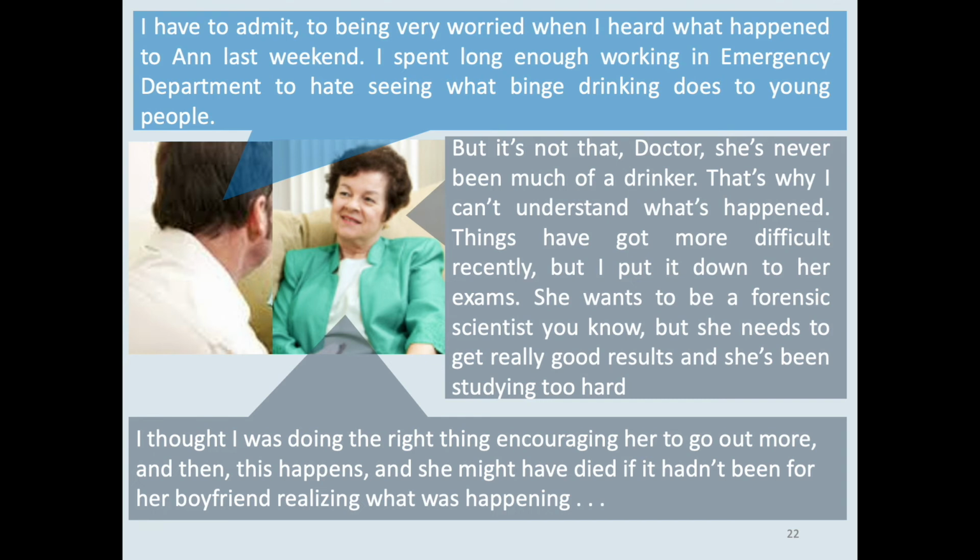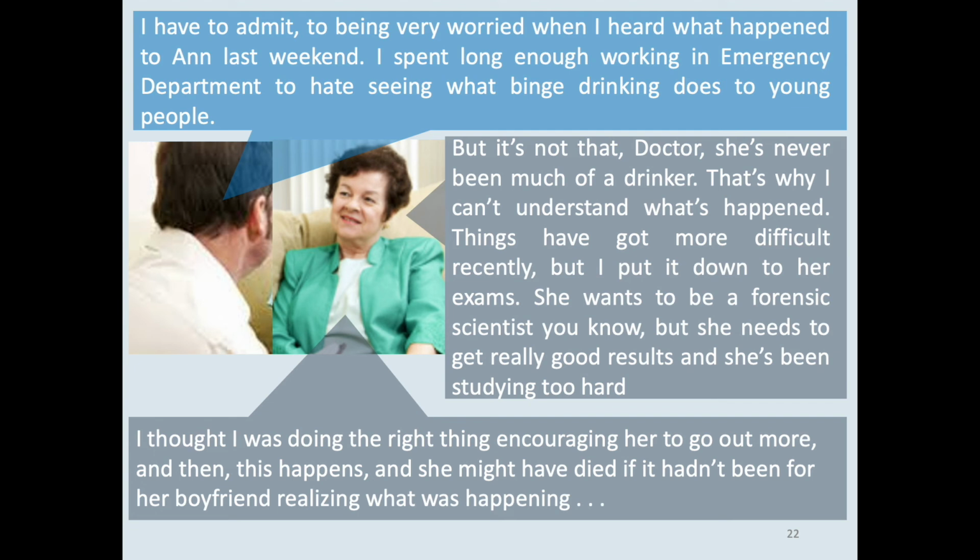She wants to be a forensic scientist. You know, but she needs to get really good results, and she's been studying too hard. I thought I was doing the right thing encouraging her to go out more, and then this happens, and she might have died if it hadn't been for her boyfriend realizing what was happening.